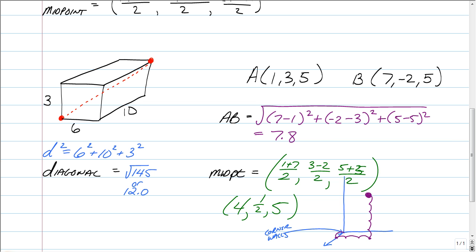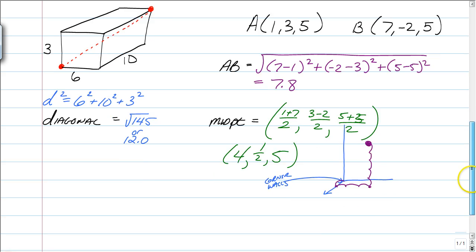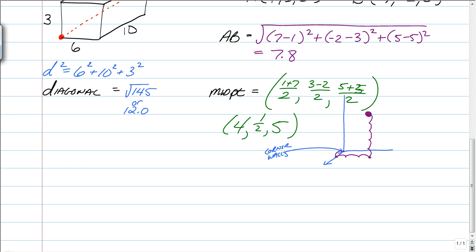Now, to just back up to Euler's formula, basically, a three-dimensional figure has a couple of different parts that you need to be aware of. Edges are the straight lines.